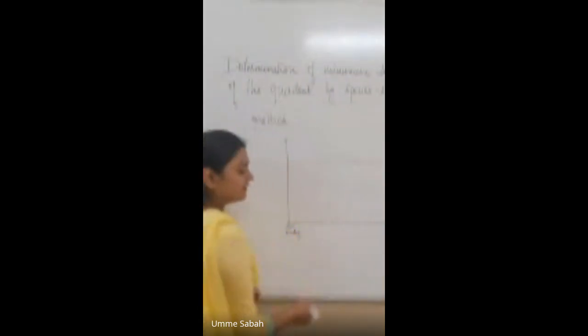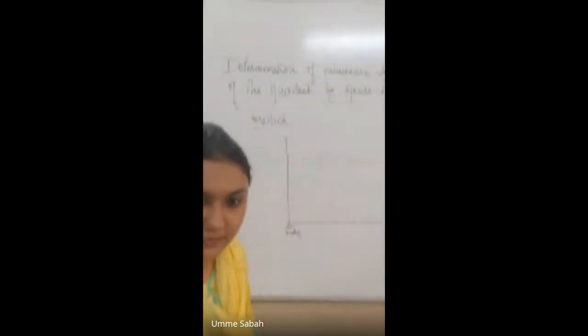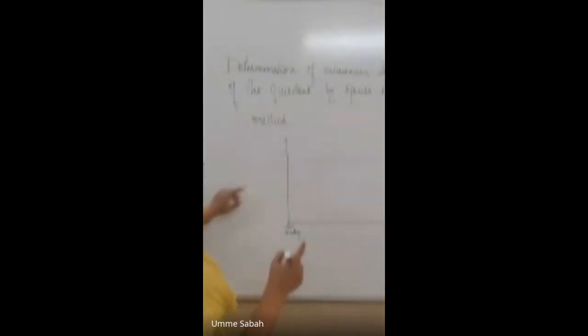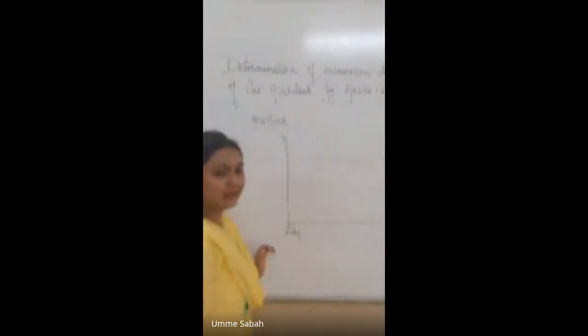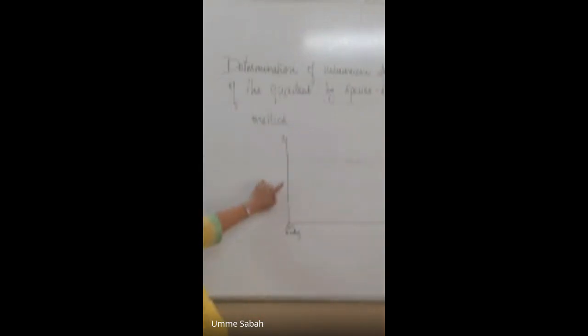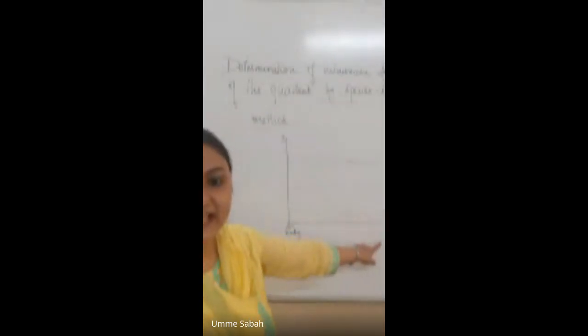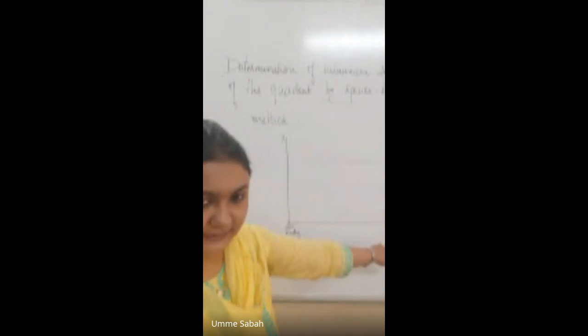On the L quadrat diagram, the vertical line is to be considered as the y-axis, and the horizontal line is to be considered as the x-axis. I'm repeating, the vertical line is the y-axis, and the horizontal line is the x-axis.